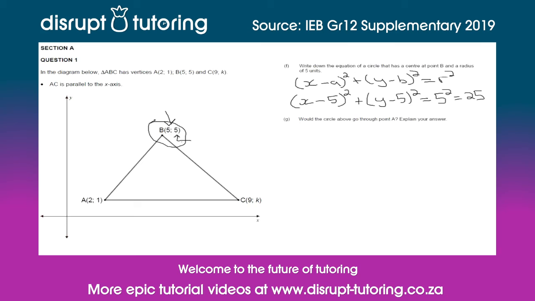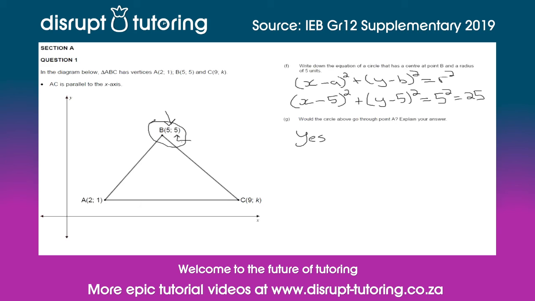And then our final question for question 1 is G, and it asks us, would the circle go through point A, and explain your answer? And the answer is, of course, yes. And why might this be? It's told us in the question that the radius is 5.